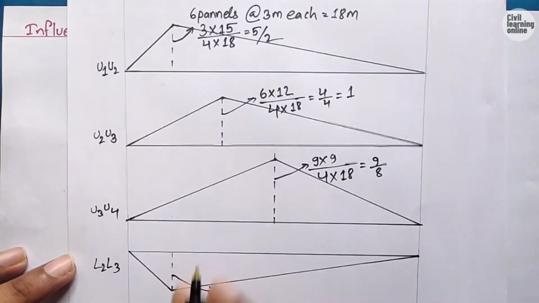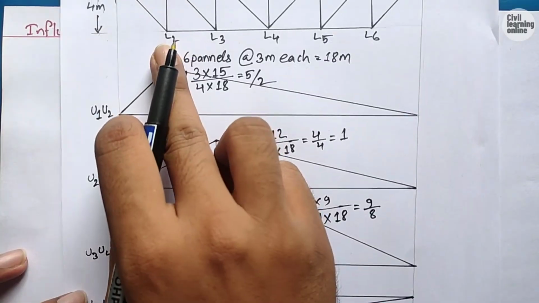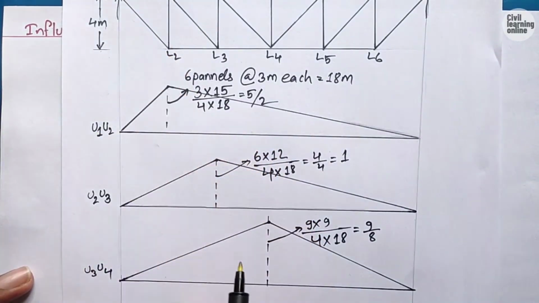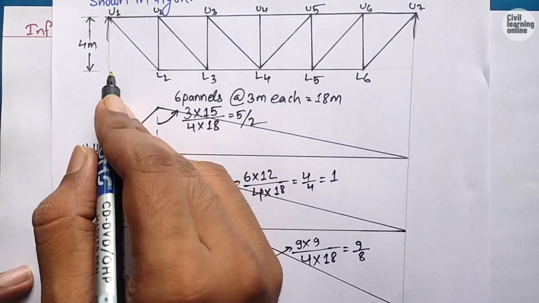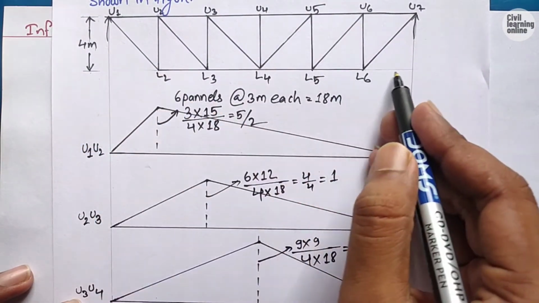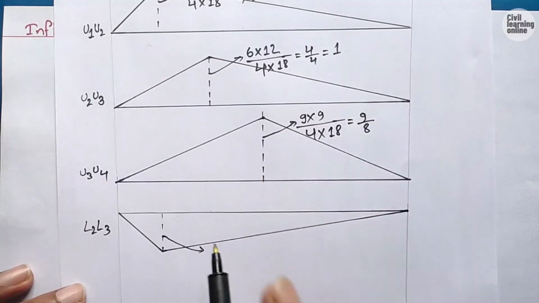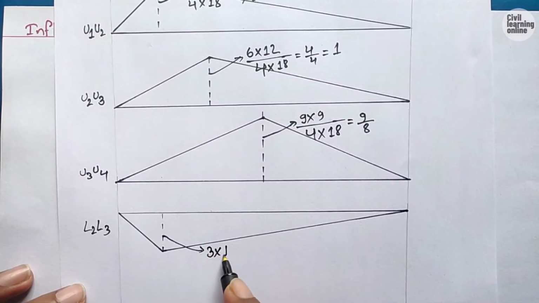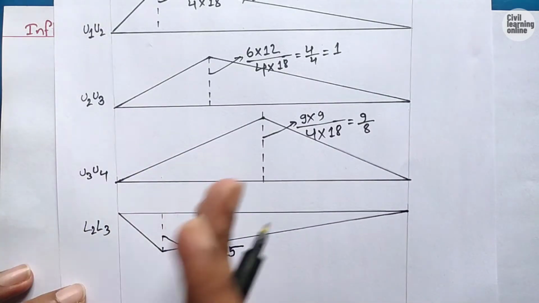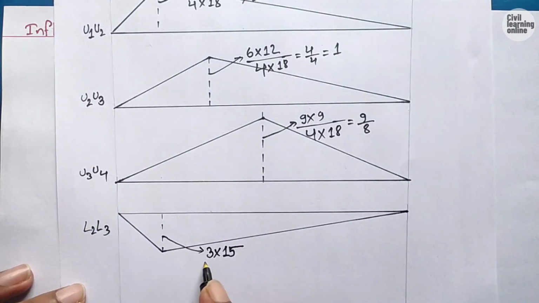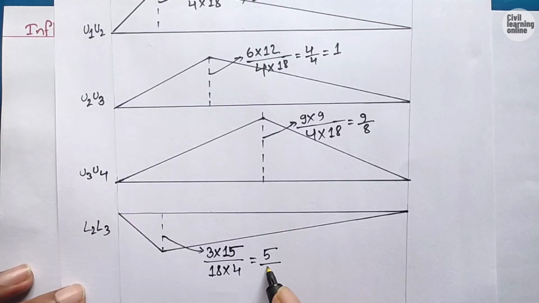We are taking the influence line diagram height at L2, so we take this span and the whole span up to here. We have 3 times 15, where the remaining span is 15 and the span on the left of L2 is 3 meters. So 3 times 15 divided by the whole span of 18 meters, multiplied by the height 4, and from here we get the height of the influence line diagram as 5 upon 8.